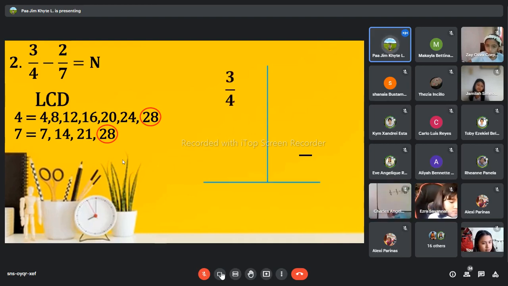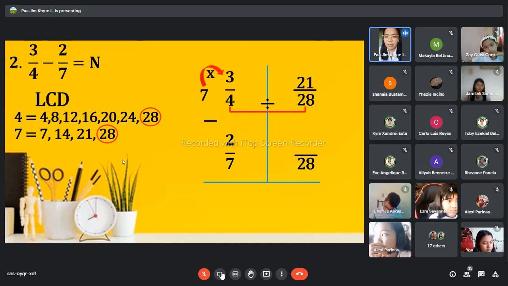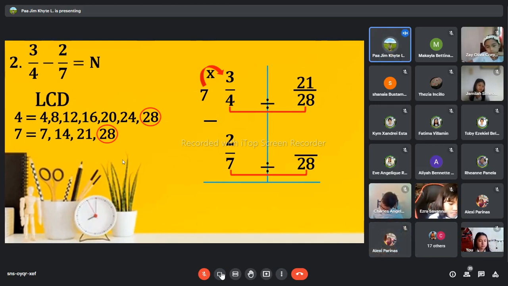So our equation is 3/4 minus 2/7. Let's put our denominator, which is 28. So let's solve it. 28 divided by 4 is equal to 7, times 3 is equal to 21. 28 divided by 7 is equal to 4, times 2 is equal to 8.